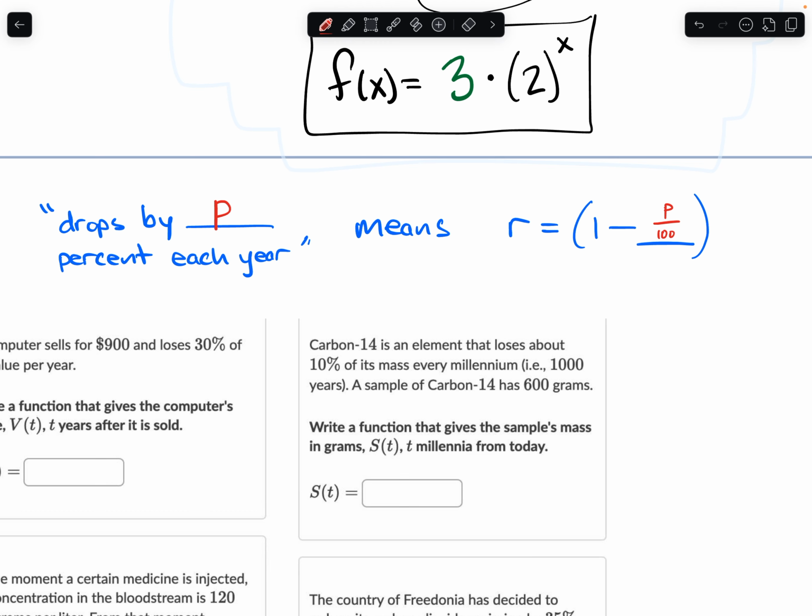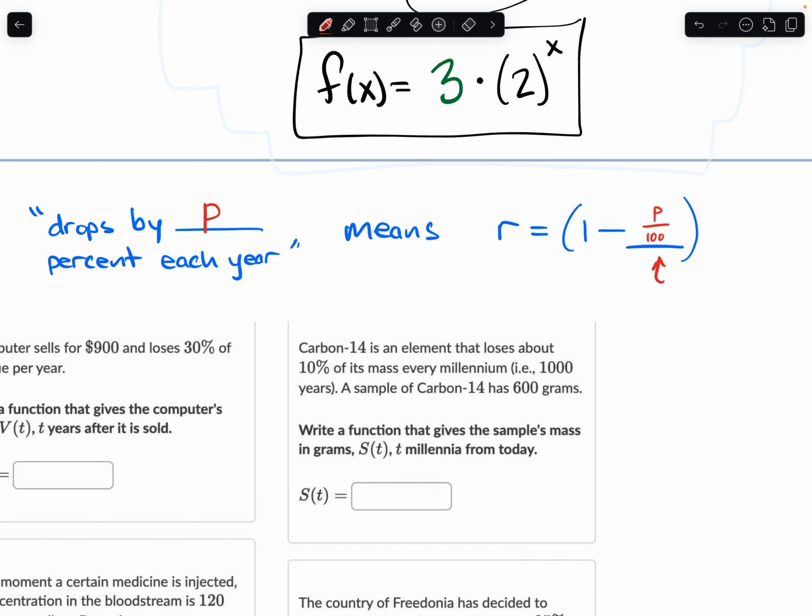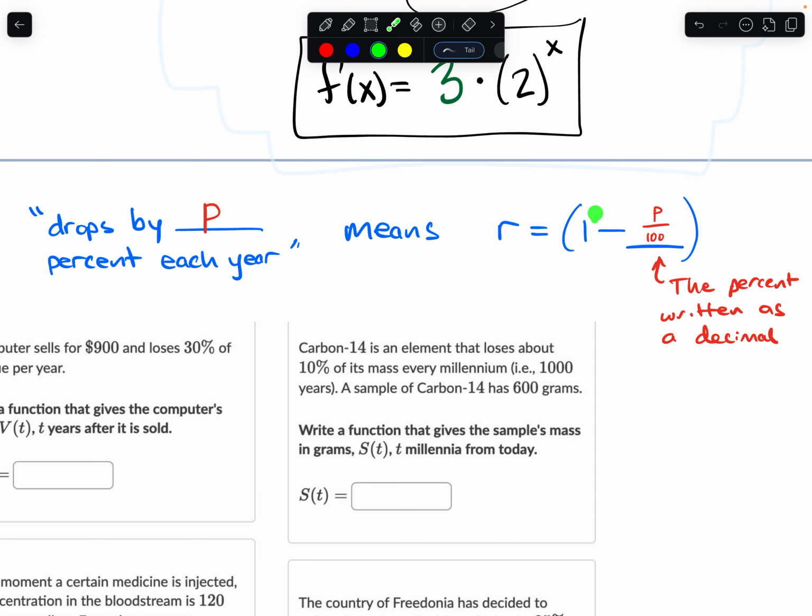It makes it look more complicated than it actually is, though. That's just the percent written as a decimal. The way you can think of it is this is saying you're going to keep 100% of what it used to be, and then you're dropping or subtracting that percentage that you're losing, right?